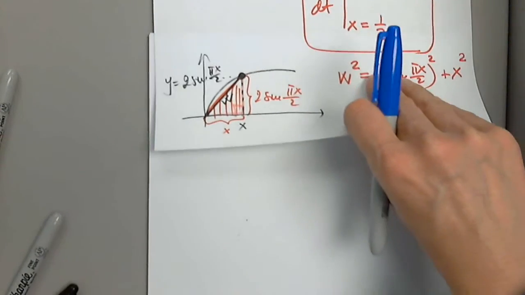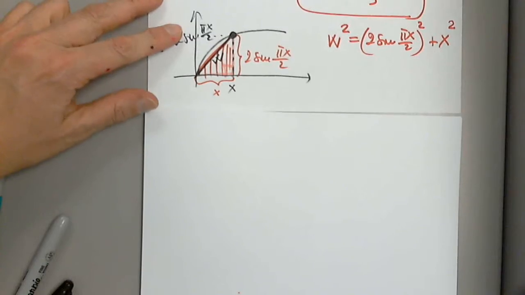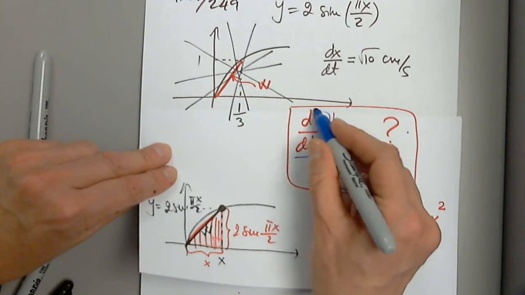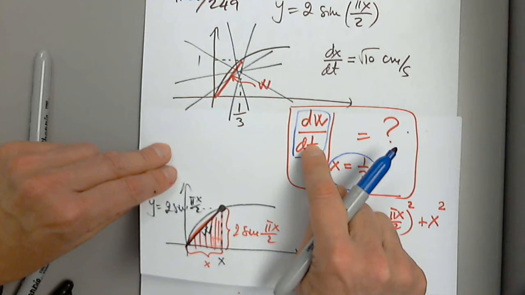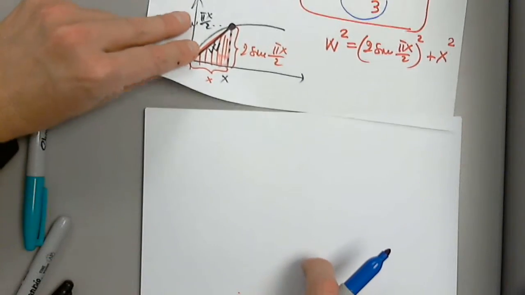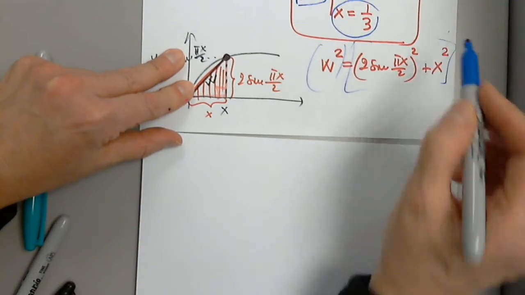What do you think the next step would be? Differentiate. I have to put 1/3 in this, and I don't have it yet. I only have a relationship. So we differentiate the left-hand side, and we differentiate the right-hand side.